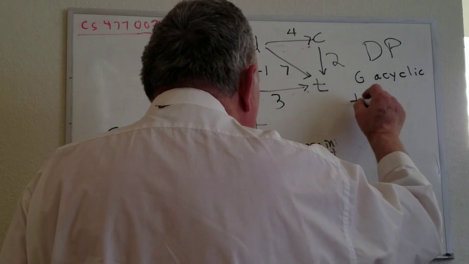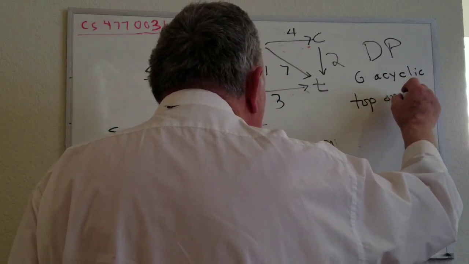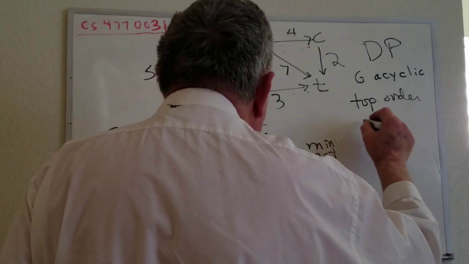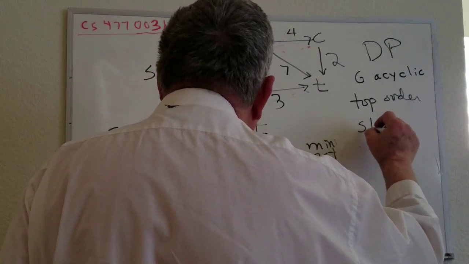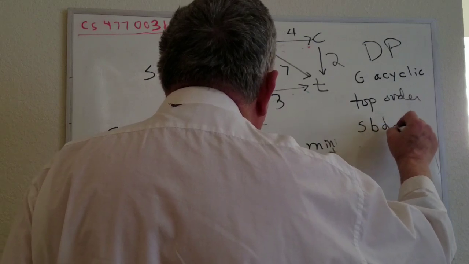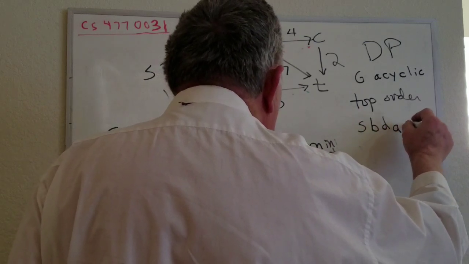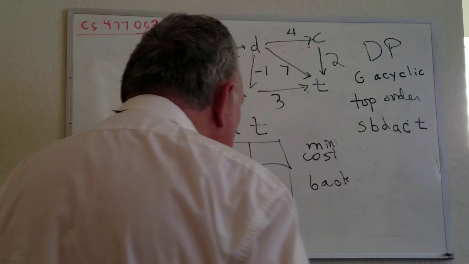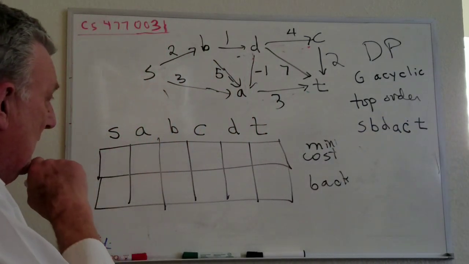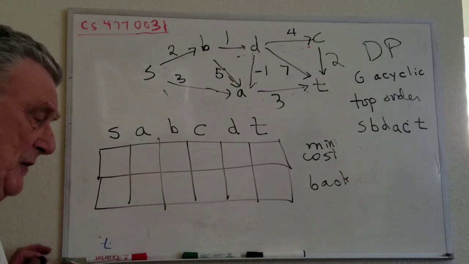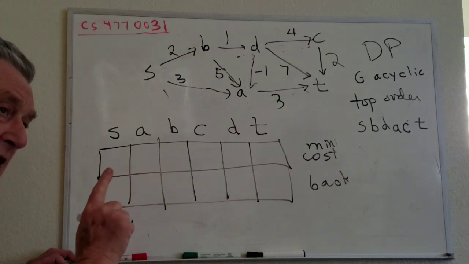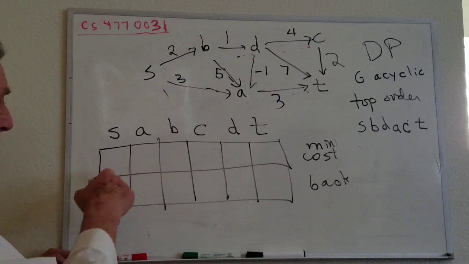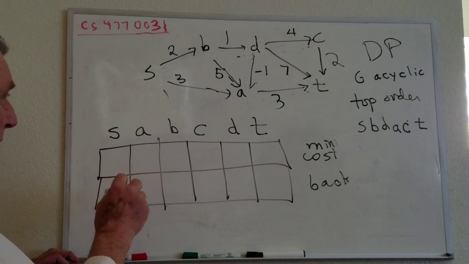In this particular example, a topological order of the nodes would be S, B, D, A, C, T. We visit them in that order, and in each visitation we update the values of the costs and the back pointers.